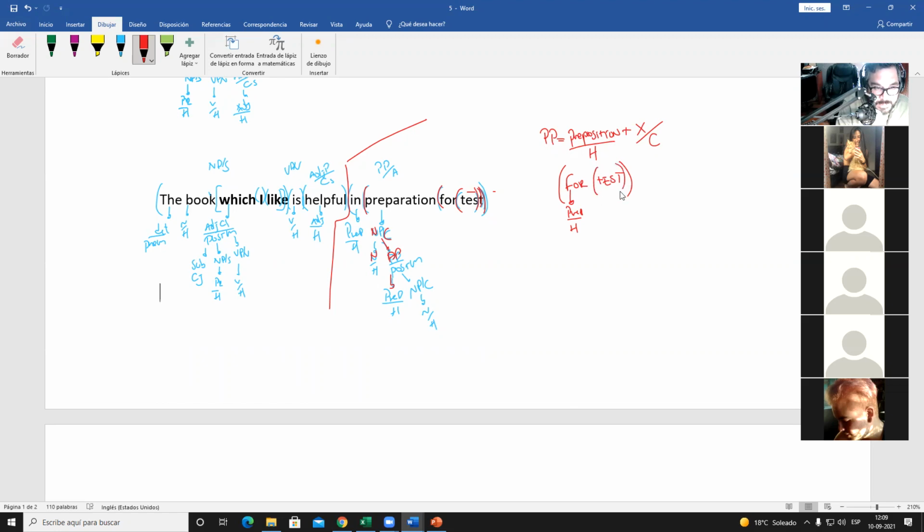Esta otra cosa es test. Test es una noun phrase. ¿Por qué? Porque test es un noun. ¿Y lo puedo borrar? No. Por eso es un complemento. Como dije frase, ahora digo que hay adentro. Test es un noun y es el head. ¿Por qué test es una noun phrase?